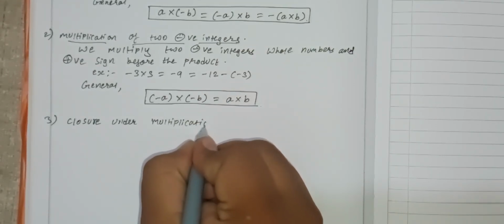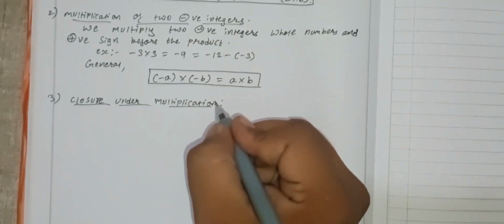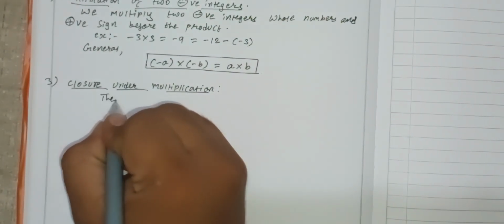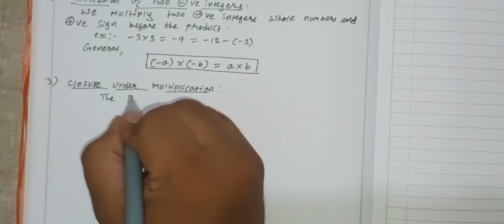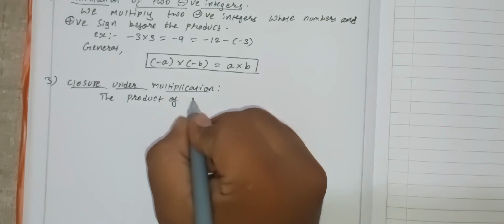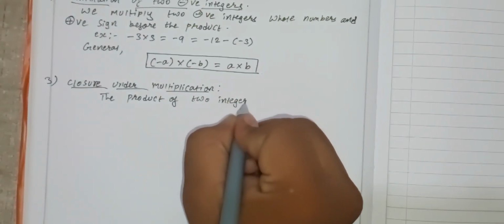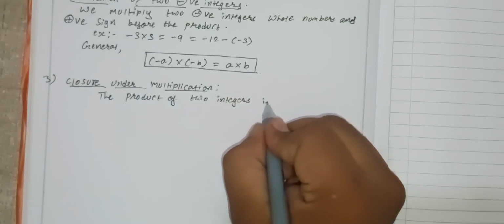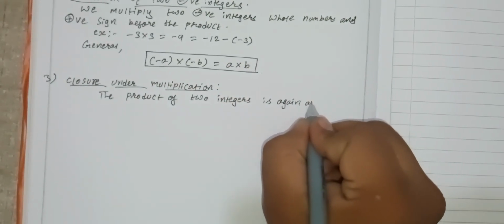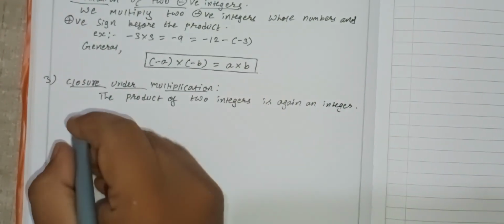Closure under multiplication: the product of two integers is again an integer.